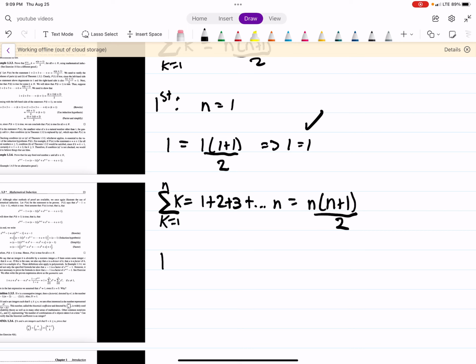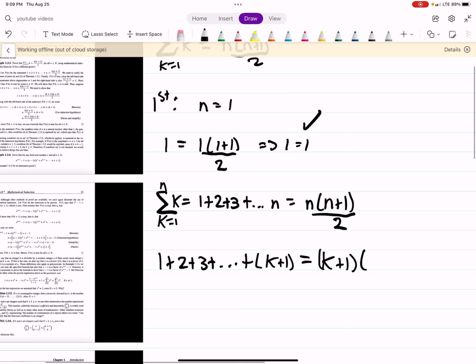So 1 plus 2 plus 3 plus ... plus k plus 1 equals, now you would have k plus 1 instead of n, and then k plus 1 plus 1, so k plus 2, over 2.